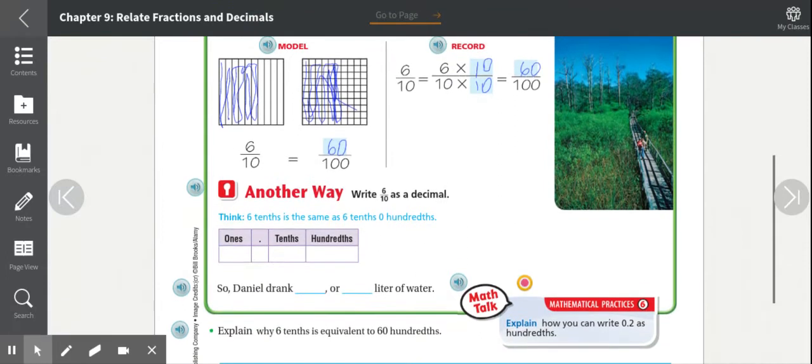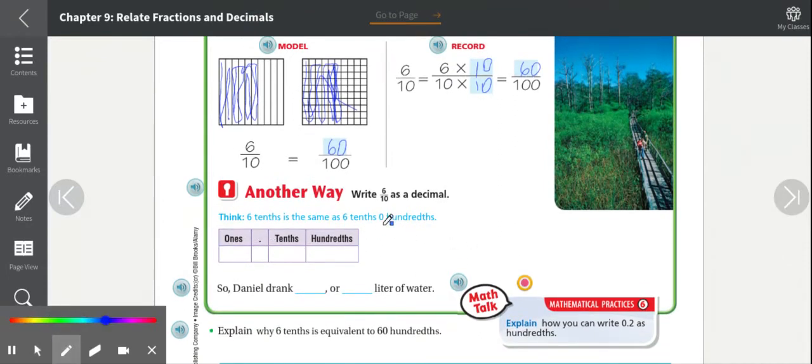Another way you could think about it is using a place value chart. So if I write 6/10 as a decimal, okay, it's the same as saying 6/10 and 0 hundredths, right? So we have no whole numbers, our decimal point, and 6/10, okay? It's the same as if I'm saying that there were 0 hundredths.